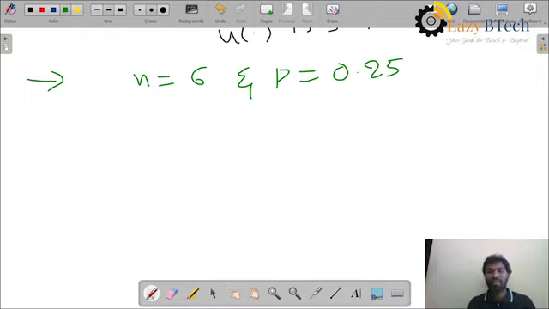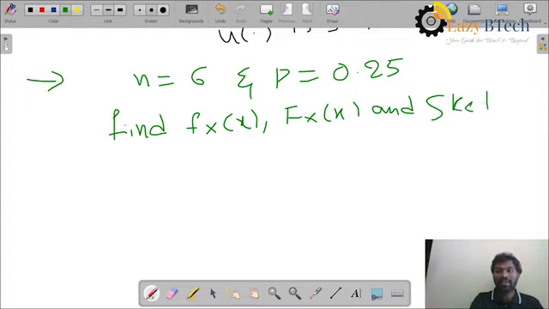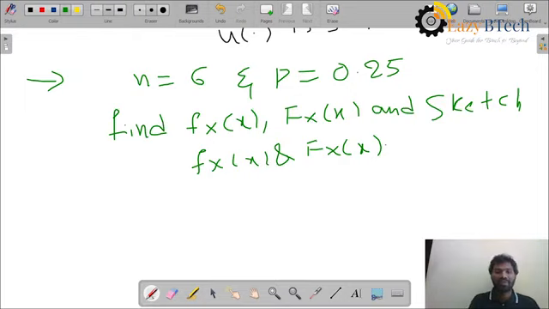What they ask you is to find the density function and distribution function, and sketch their figures, fX of x and capital FX of x. This is one of the problems on the binomial distribution.